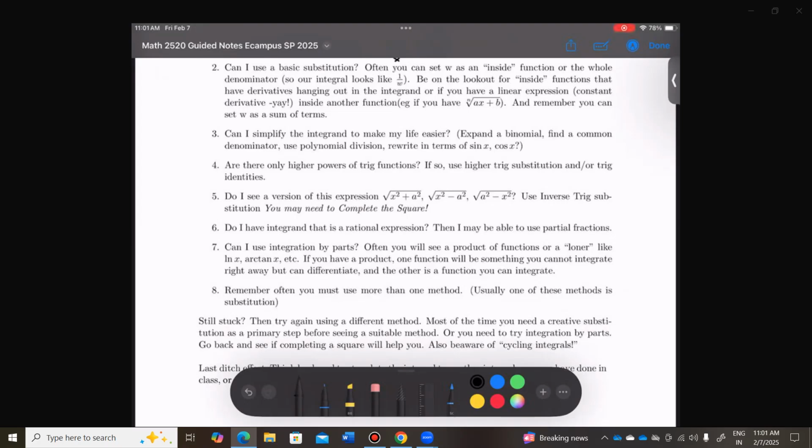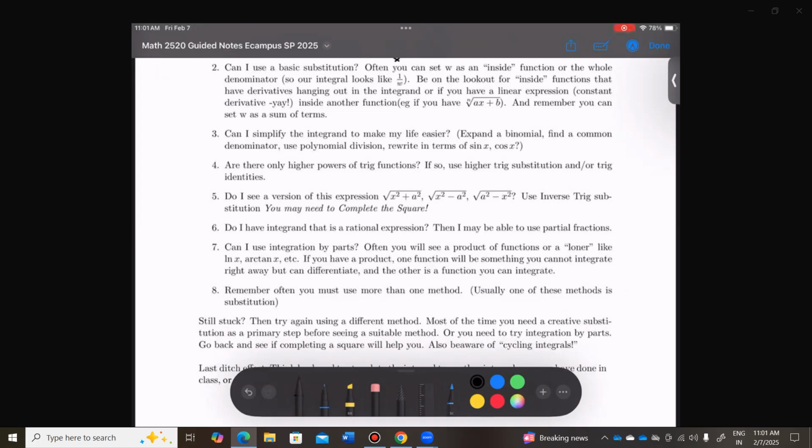Then you'll look at, are there only higher powers of trig functions? If that's the case, then you can look at what we did in a previous section of this chapter, different trig strategies to solve it.